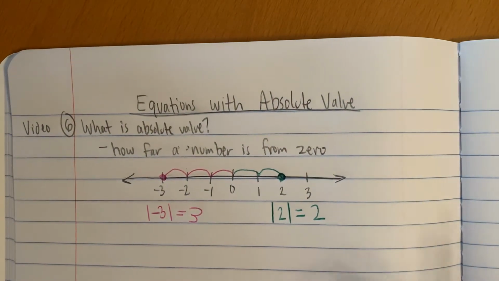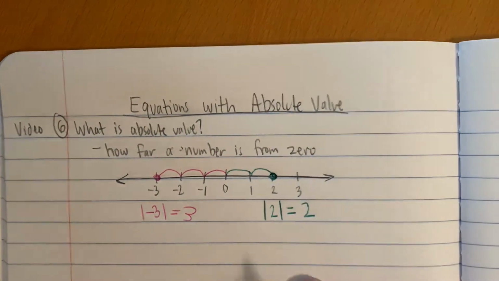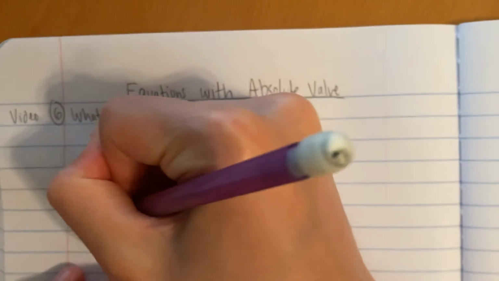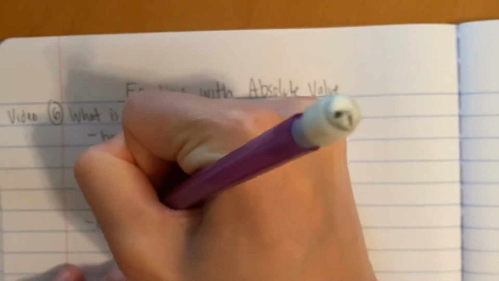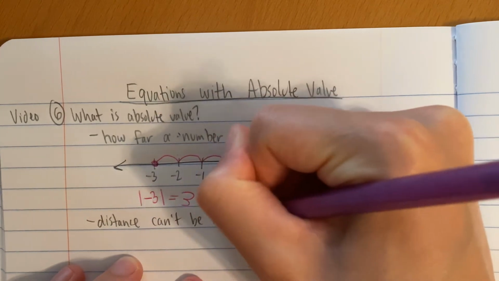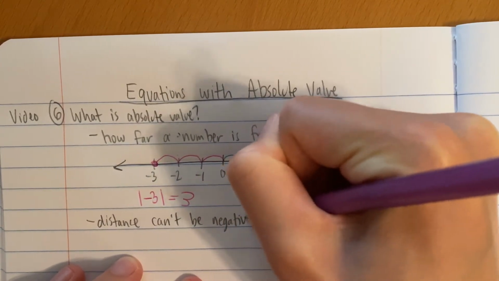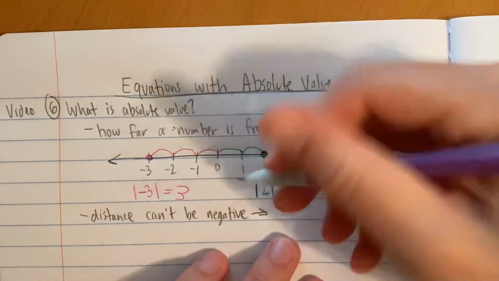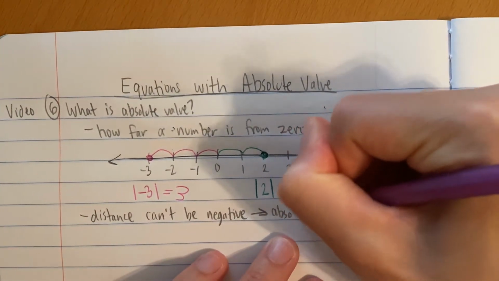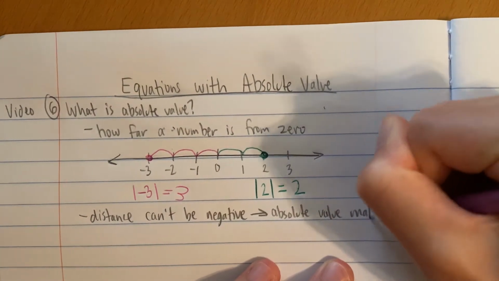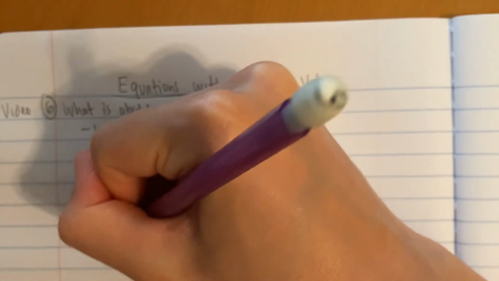Okay, so here's the thing about absolute value. Because it's a distance from 0, distance can't be negative. So what does absolute value do? Absolute value makes everything positive.